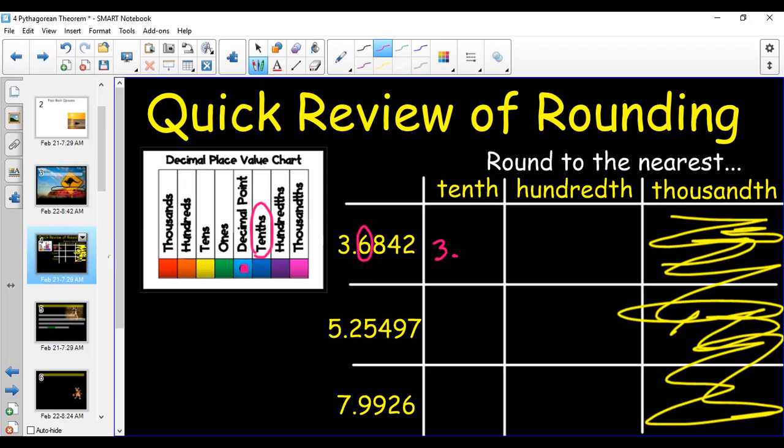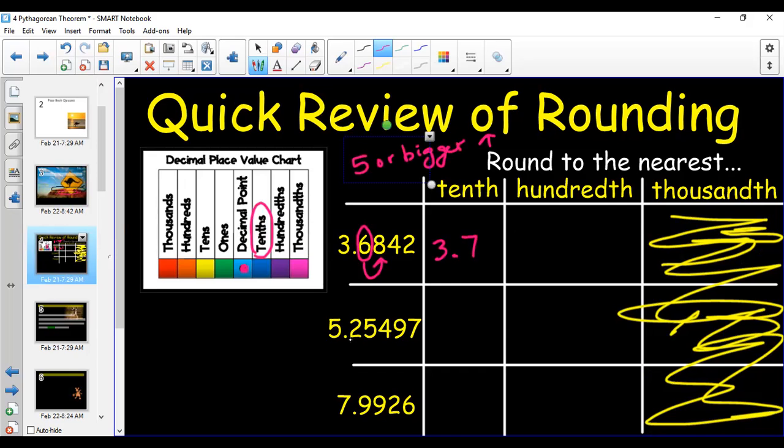And to know which case that is, we look at the number directly behind it, which is 8. And in terms of rounding, if it's 5 or bigger, we round up. Okay, so since this is an 8, we're going to round it up, so we'll round it to 3.7.